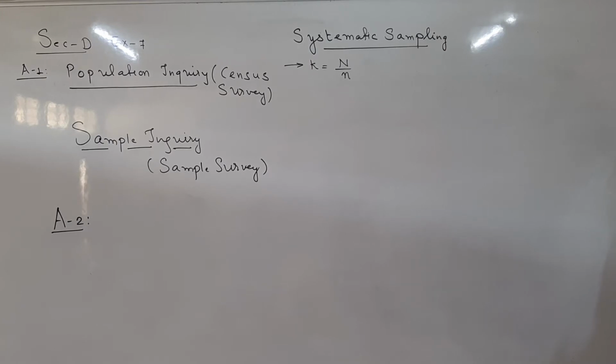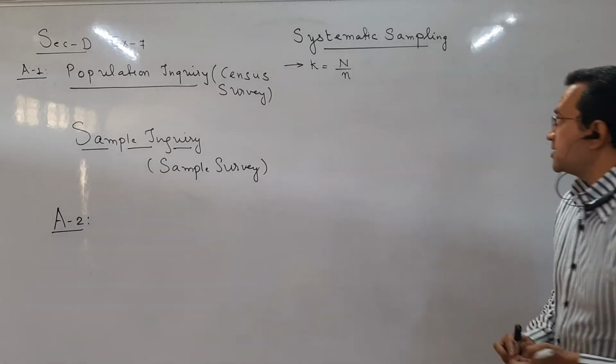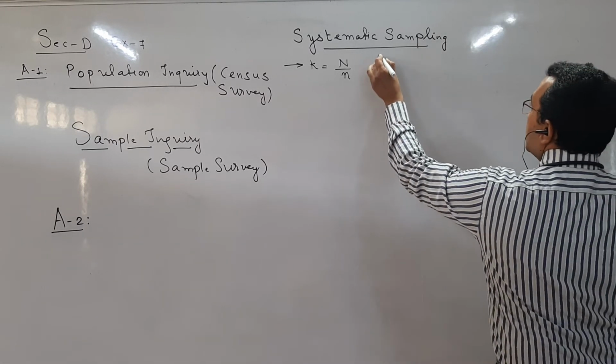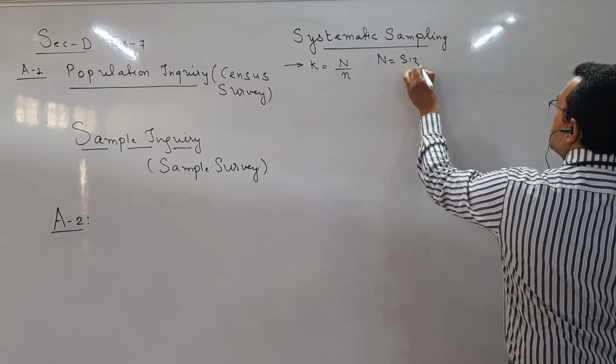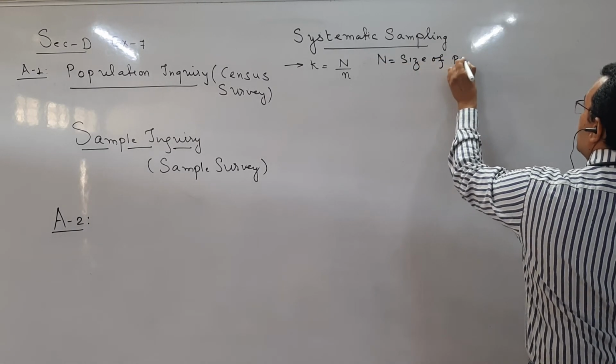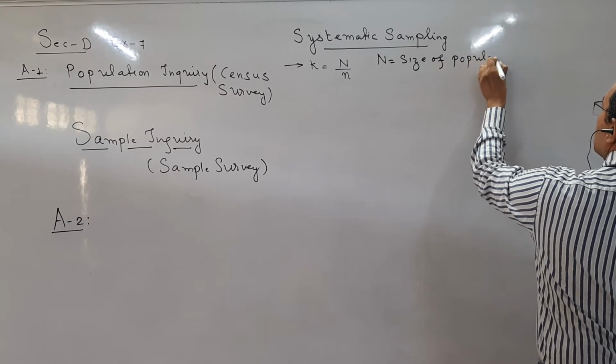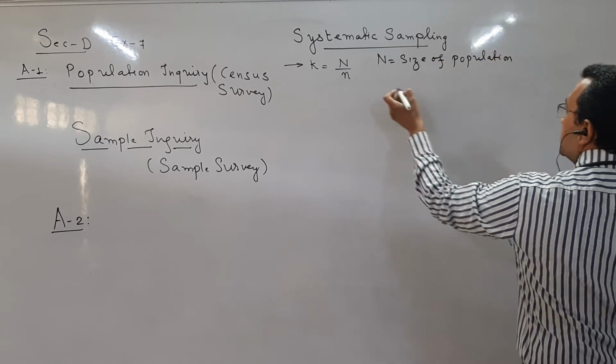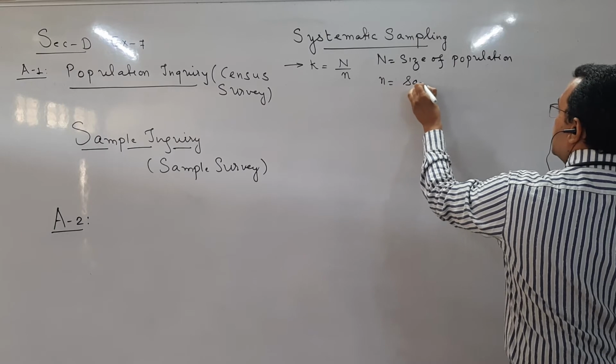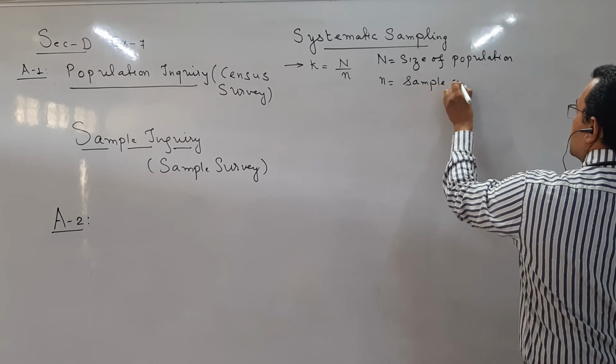The formula, students, which we have to memorize is only one, where K is the sampling interval, N is the size of population, and small n is the sample size.